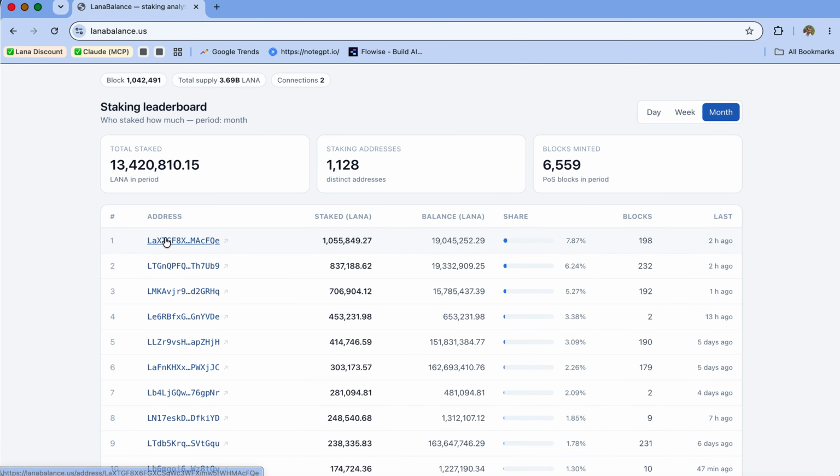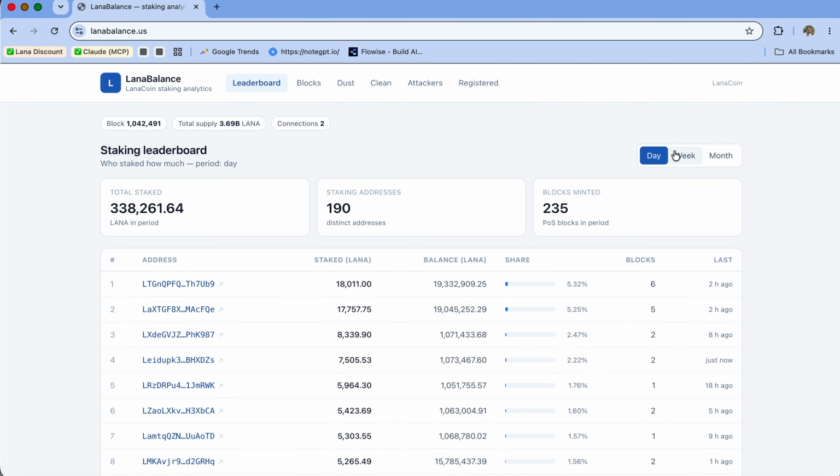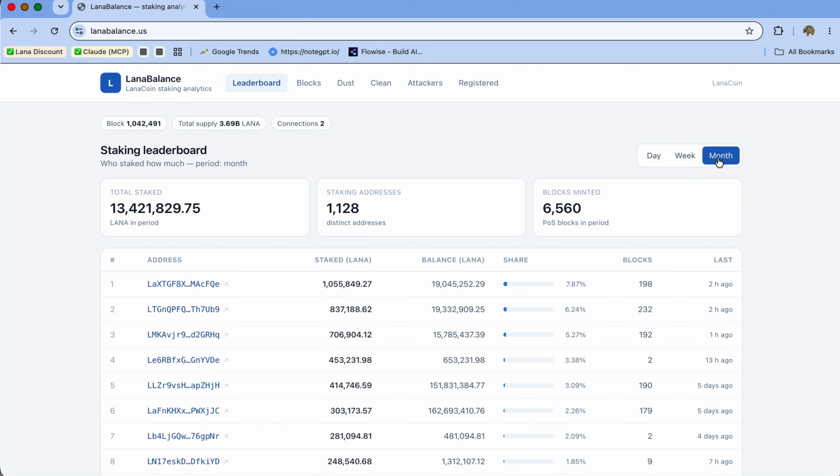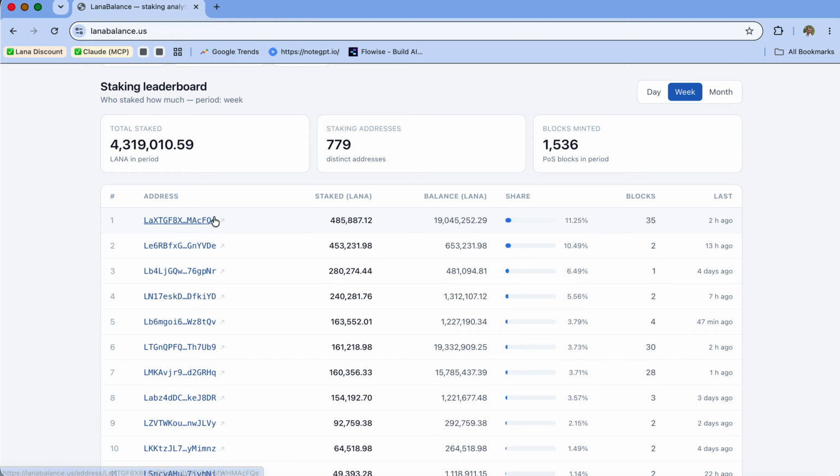So here you can see, you can select daily, weekly, or monthly basis. So for example, in the last week, this wallet has staked the most. This is the amount of lanas they staked in the last week, and this is the balance of that wallet.